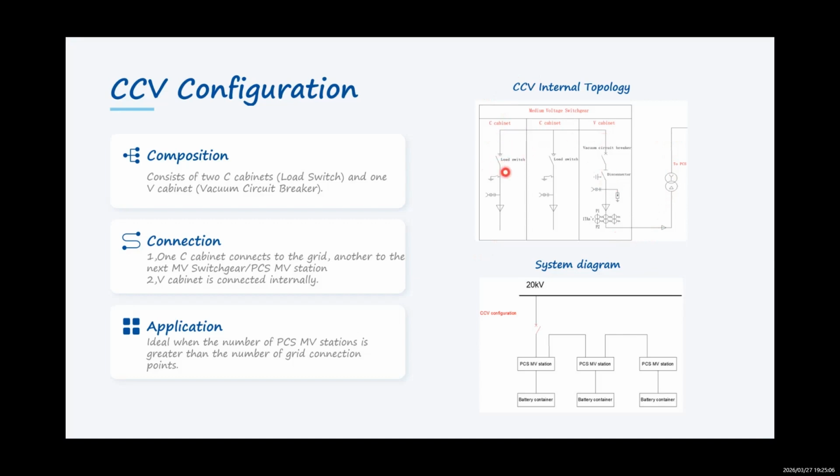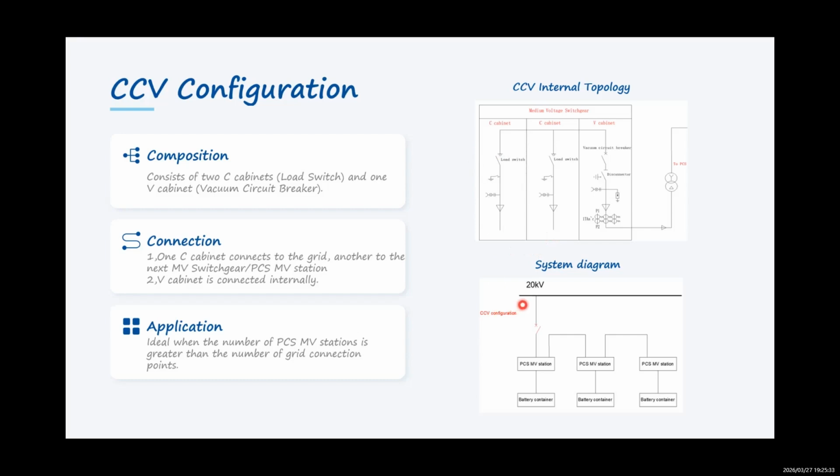The load switch is inside the C cabinet, so you can choose one C cabinet to connect to the grid and another to connect to the next MV stations. Because the two C cabinets are the same, the configurations are the same.